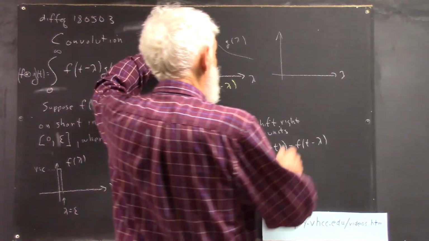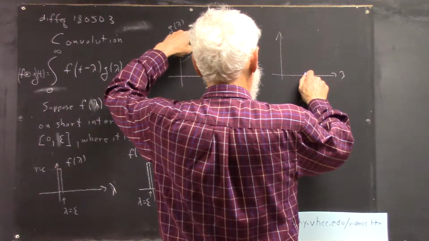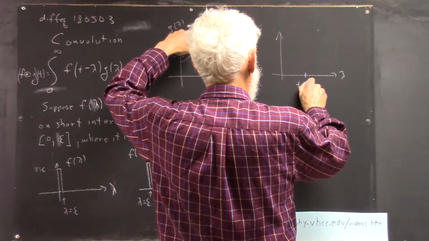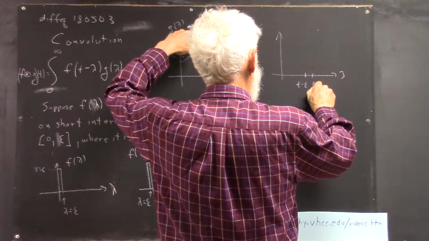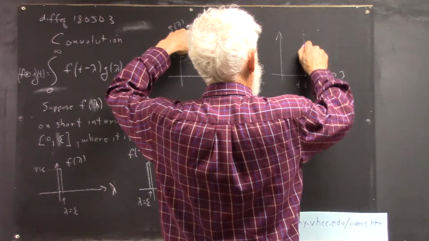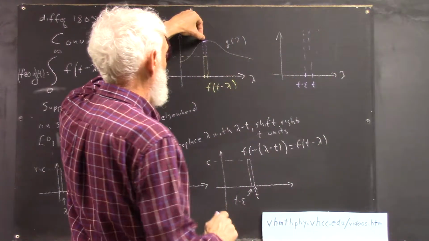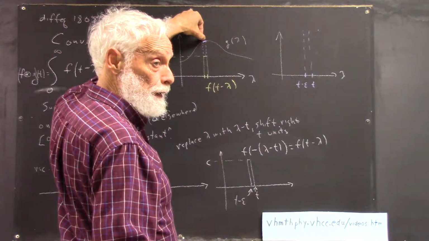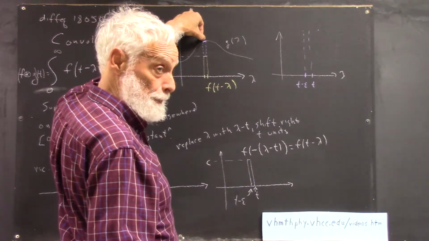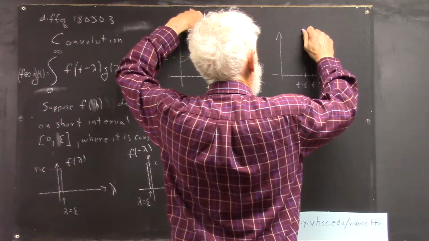So now we have t minus epsilon, we have t, and we have these g values, which don't vary much. So here are the g values.